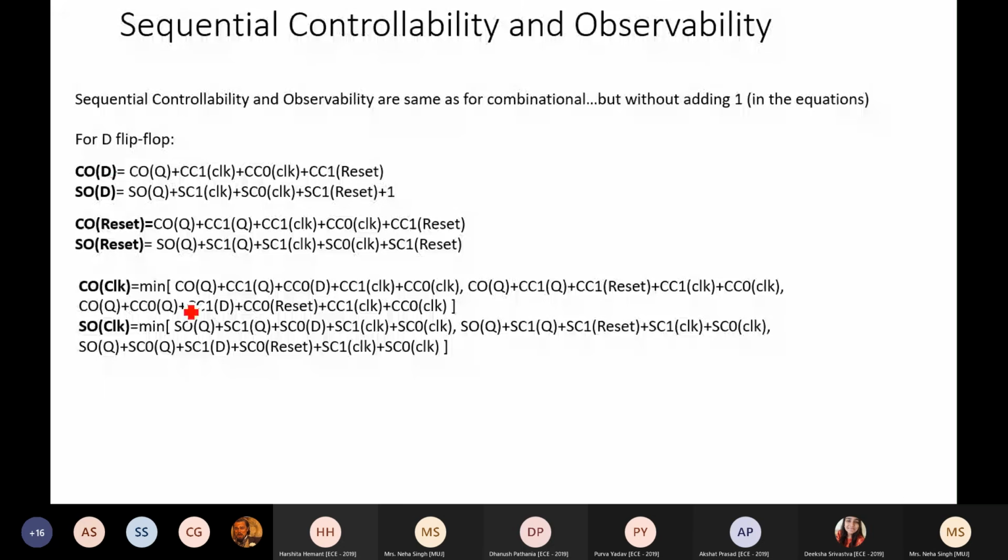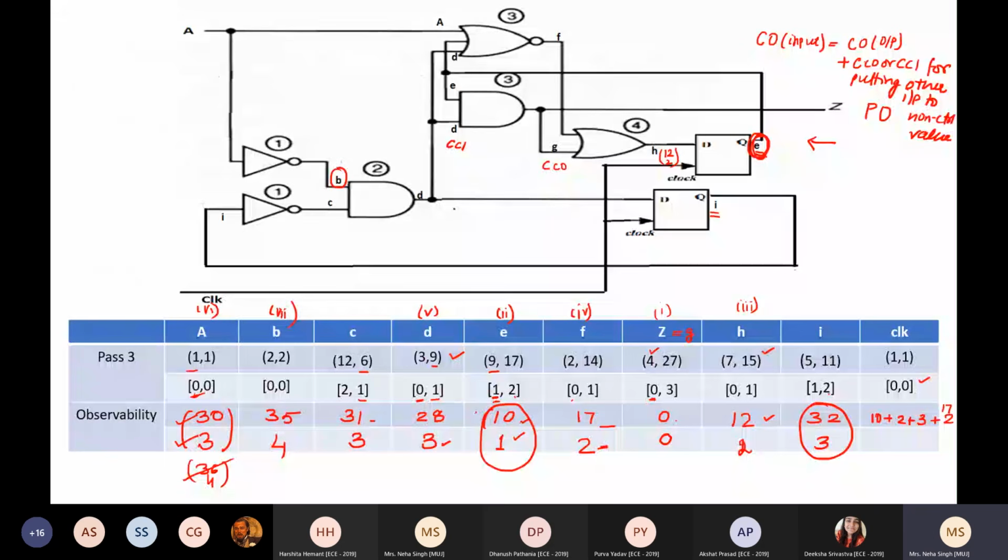Just of output. CC is zero H7. Okay, we calculated for both the cases differently. Then we'll see which one comes out to be lesser.